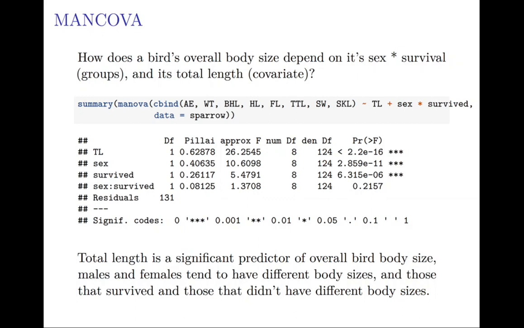And so our model, again, is the MANOVA, where you bind all of the y columns that you're interested in as a function of your TL, total length, which is your covariate, your continuous x, plus the interaction of sex times survival. And we know before we didn't really see that interaction of sex times survival, so you could potentially just do that as an additive effect if you wanted.